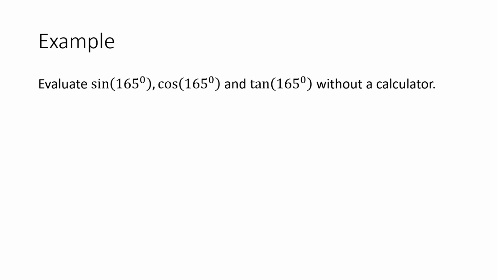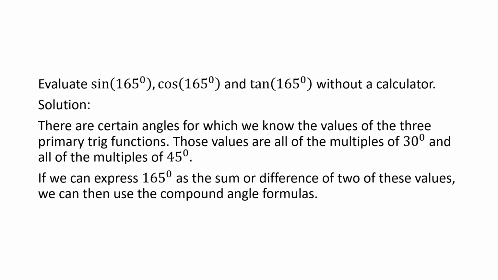All right, next example. What if we wanted to know these three values and we didn't want to be using a calculator? Well, all we really need to be able to do is construct 165 out of two values, values for which we know the sine, cos, and tan.